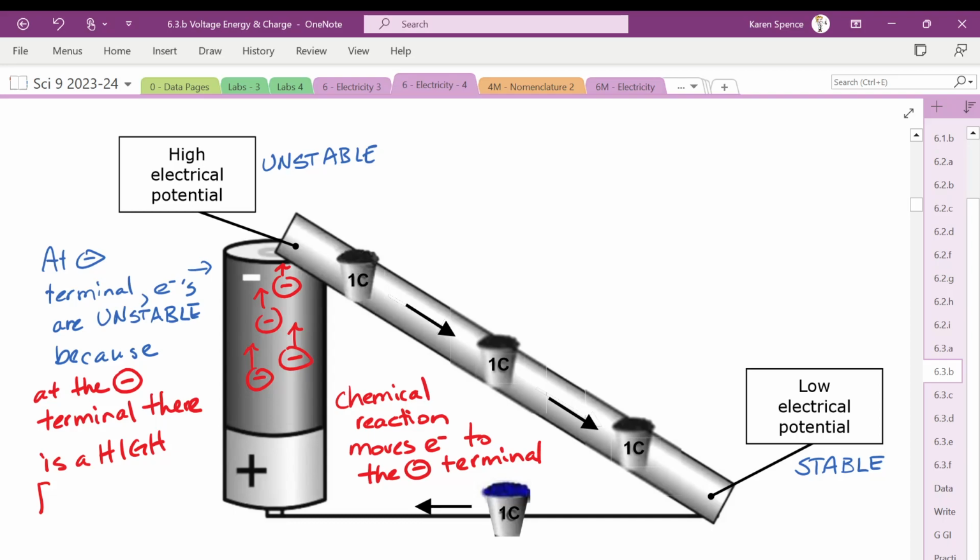And the electrons, what do they do to one another? They repel. Yes.